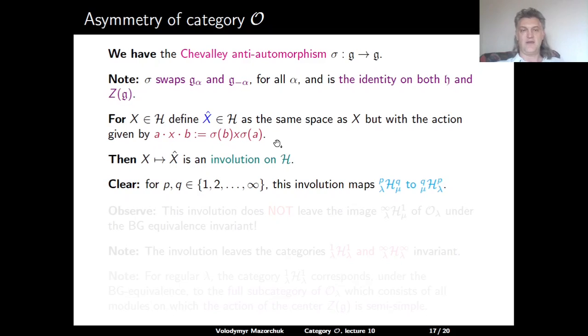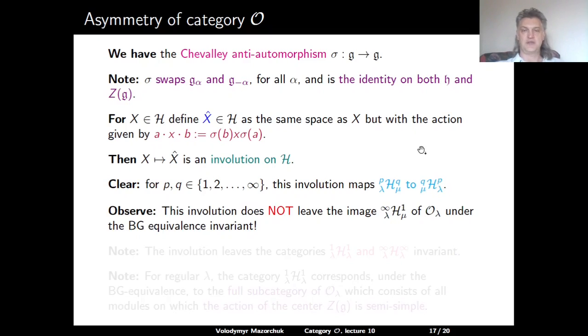And also clearly, for any pair of indices P and Q, which are positive integers or infinity, this involution swaps H left lower lambda upper P and right lower mu upper Q with H left lower mu upper Q, right lower lambda upper P. Observe that this involution does not leave the image H left lower lambda upper infinity, right lower mu upper 1 of O lambda in the category of Harish-Chandra bimodules invariant.